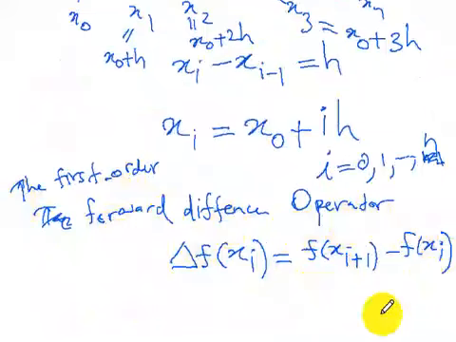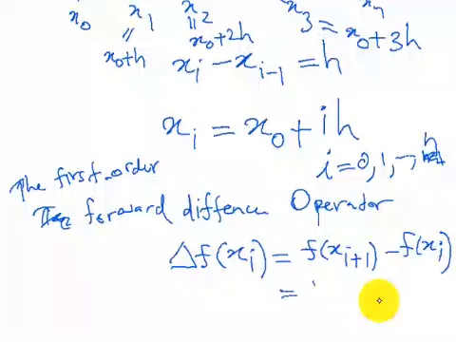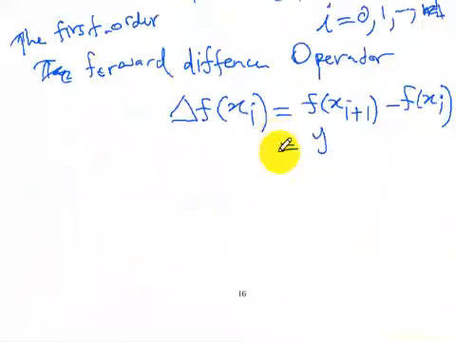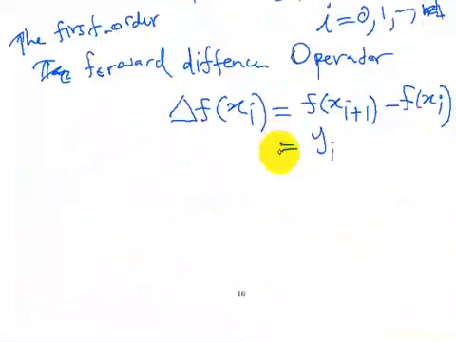According to our notation, y sub 0 is equal to this, y sub 1 is equal to that, so this would be y sub i plus 1 minus y sub i.